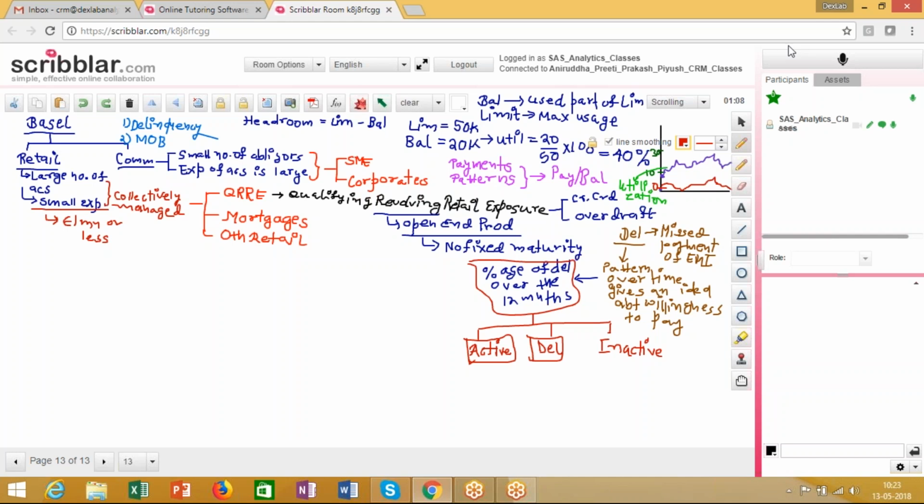So if my portfolio is comprised of a significantly large proportion of seasoned accounts, then the chances of losses in my portfolio generally tend to fall. I mean, chances of losses in my portfolio generally reduce.